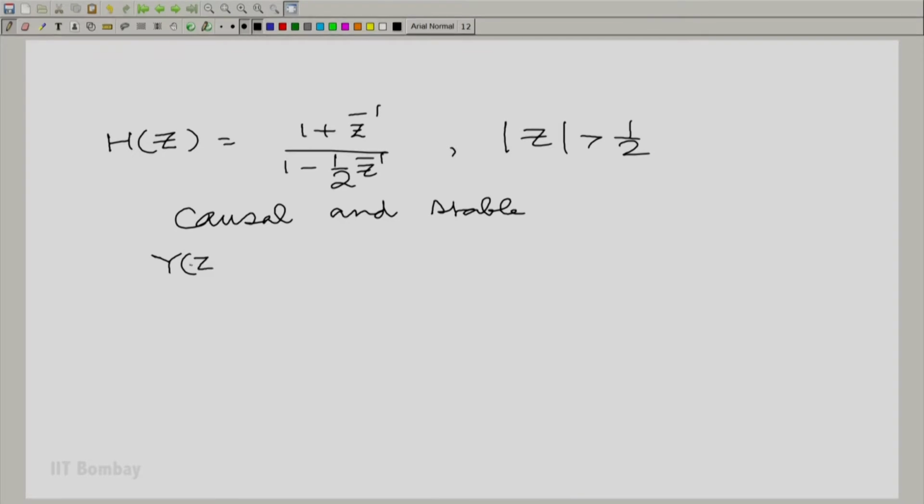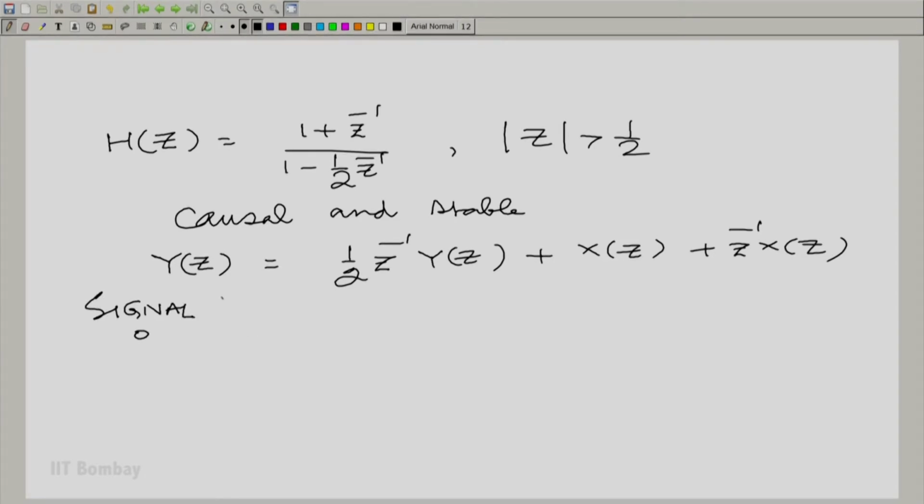So, we have Y of z is half z inverse Y of z plus X of z plus z inverse X of z. And now, just as we drew a signal flow graph for the continuous independent variable case, we can draw a signal flow graph for the discrete independent variable case.